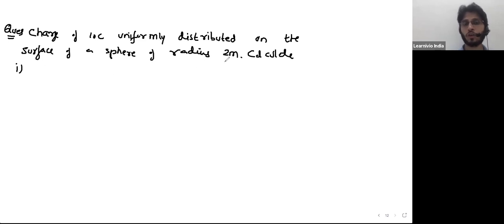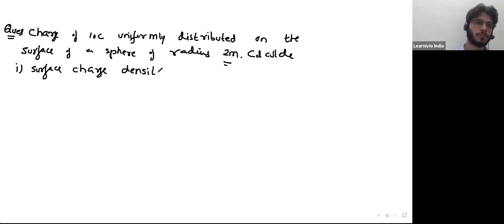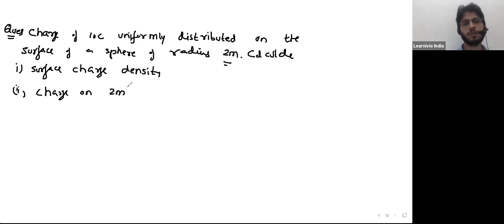Calculate first the surface charge density. Second, the charge on a 2 meter square area of the sphere. Solve it.